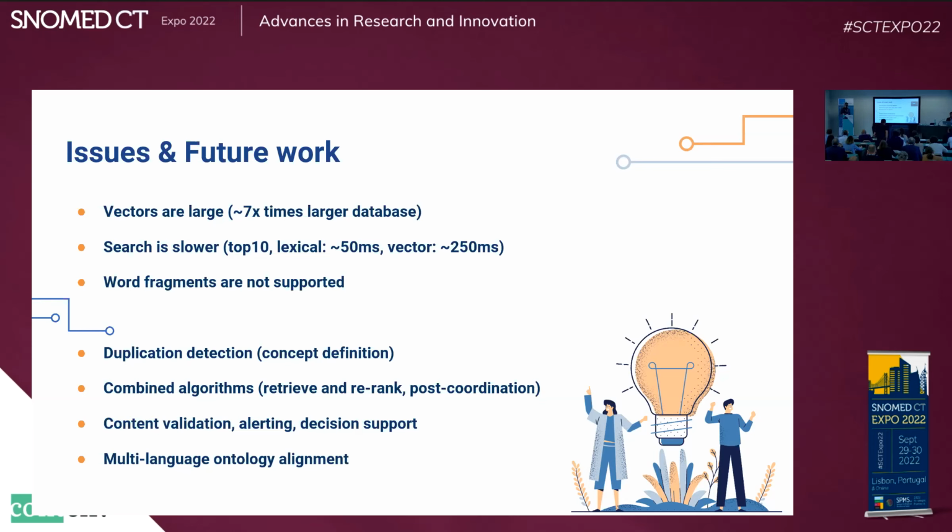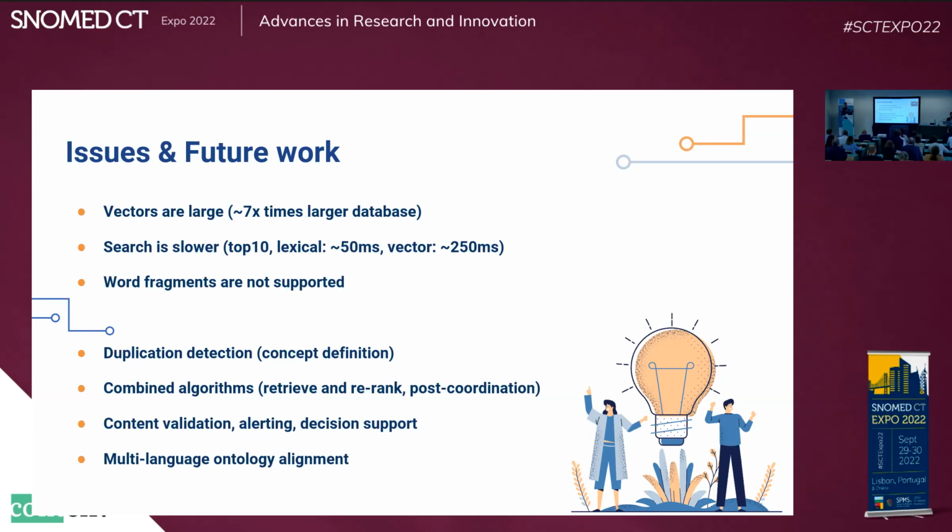But there are multiple other places where we can improve and use AI. For example, duplicate detection. When you have a concept and you'd like to find the duplication of that, you can use the semantics built into SNOMED CT. But if, for example, one extension develops a concept and another one uses a different concept modeling, you won't be able to do that.